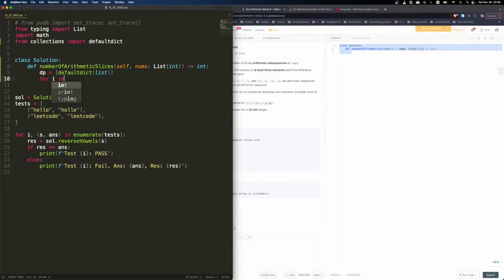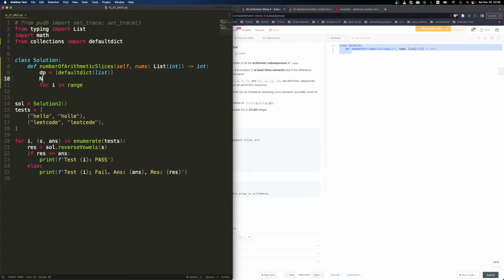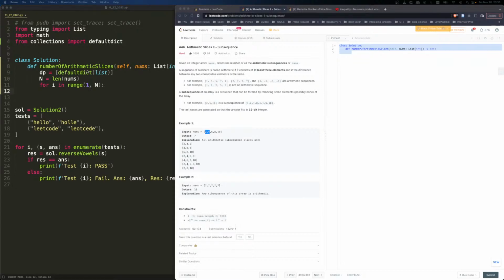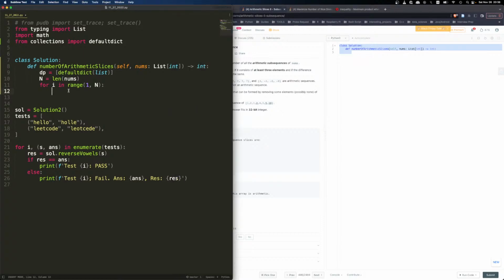Nah, I have to go in range from 1 to n. So I'll go 1 to n. Now everything comes up. I'll go this because the length is 1000, so O(n) squared is fine. So I'll go everything.